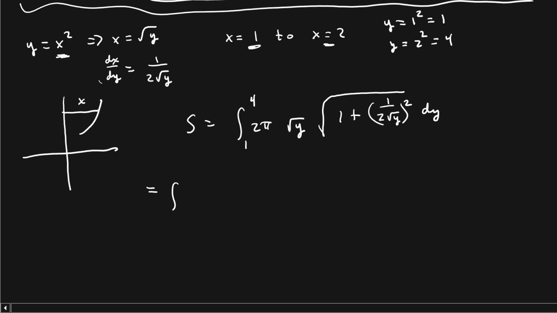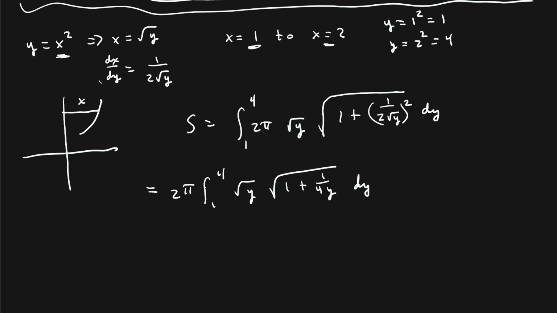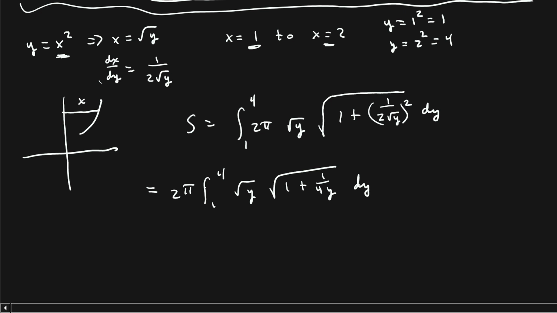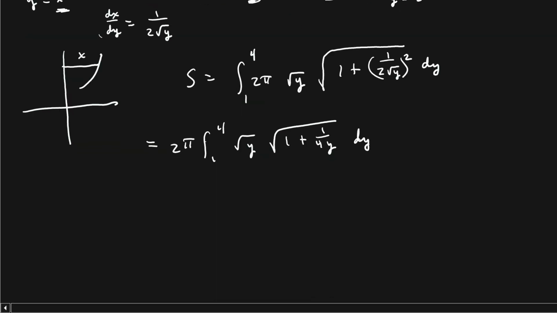And so this is going to give me, and I'm going to pull the 2 pi out, 2 pi, and we're going to go from 1 to 4 of square root of y times the square root of 1 plus 1 over 4y dy. All right, so let's see what we've got here. Well, this is going to be 2 pi from 1 to 4.